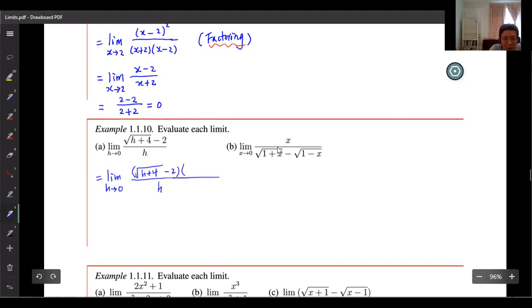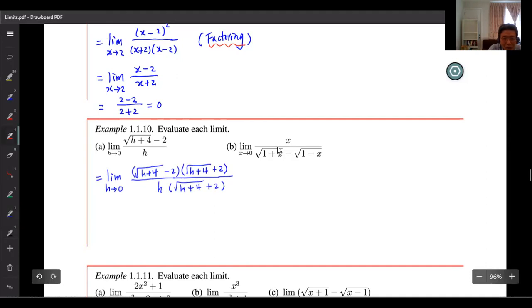If we rationalize a radical binomial, we multiply by a similar binomial but with the middle sign opposite. That's the so-called conjugate.